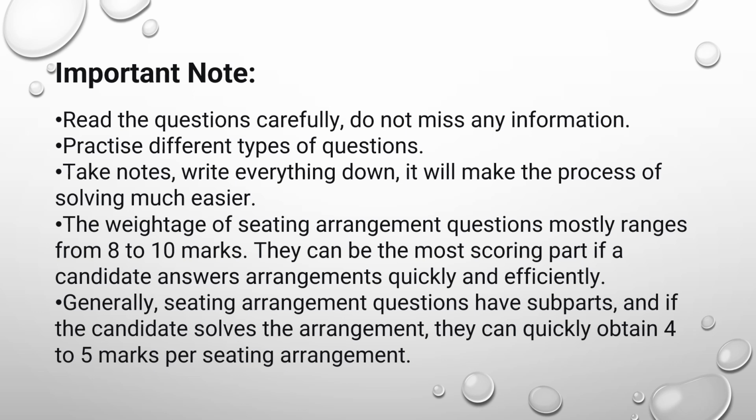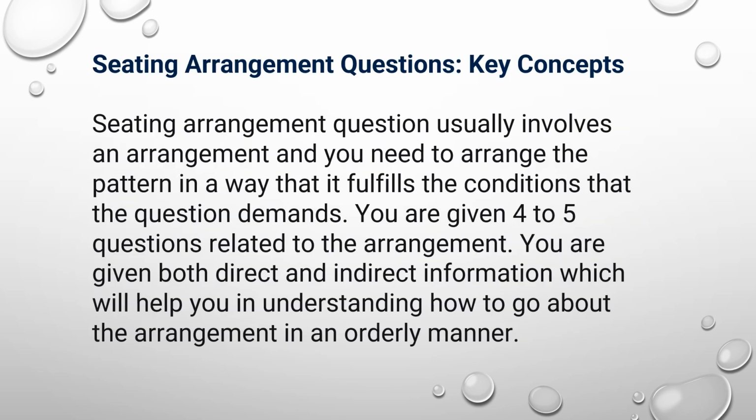The question starts with a description of a situation. If you are able to understand and prepare your own chart based on the first description points, it will be easy for you to solve the sub questions. Whatever 4 or 5 sub questions are given, you will be scoring well.